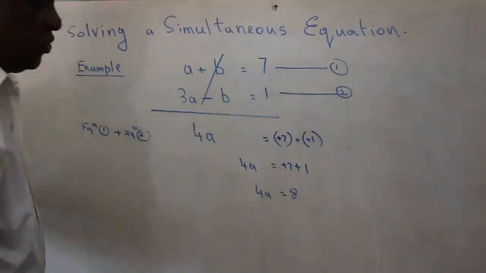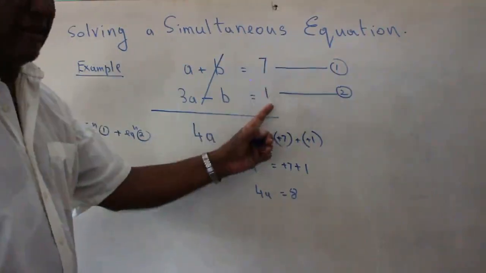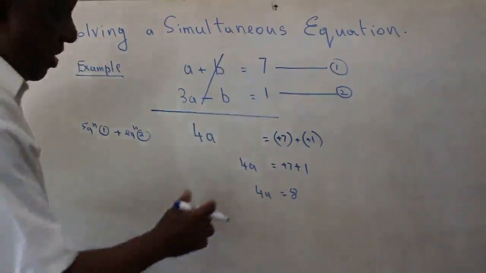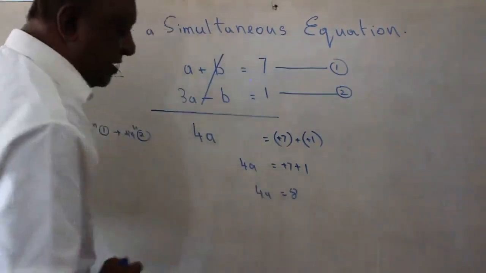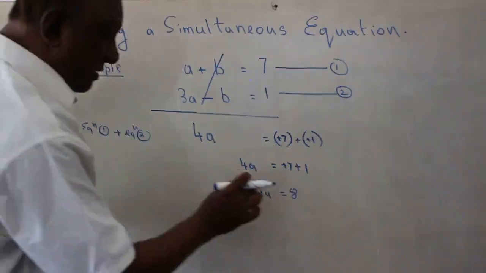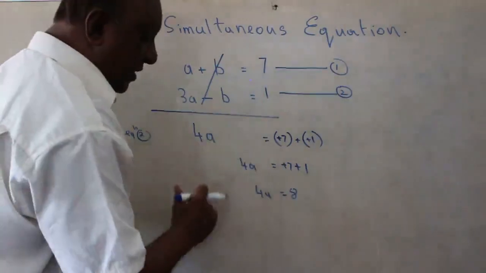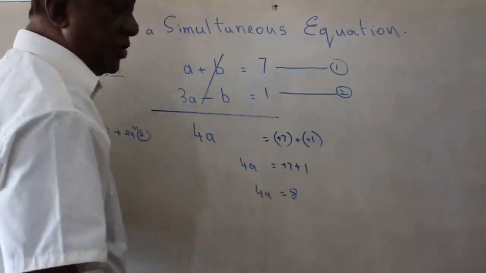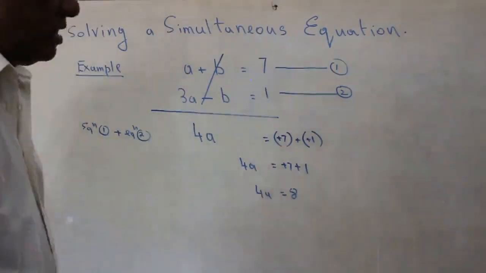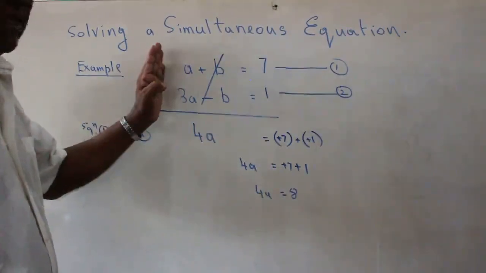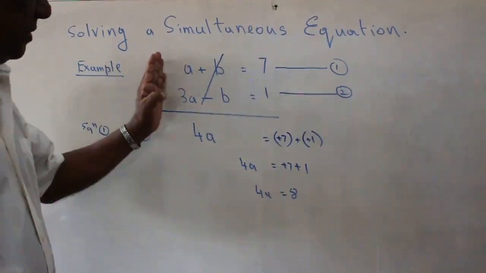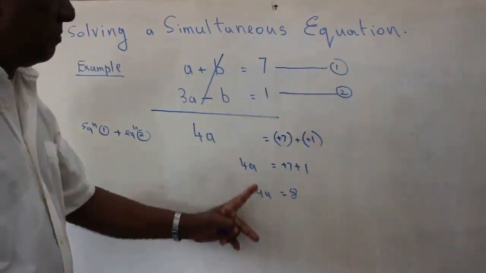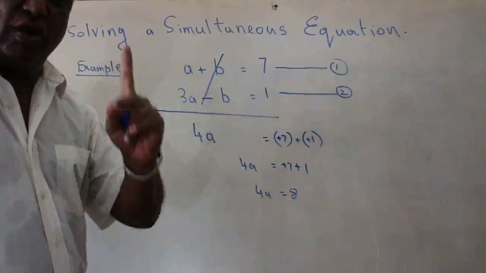You notice that even on the right hand side, you can combine without changing sign and then get the answer. Now 4a equals 8 means there is a relationship, a left hand side and a right hand side connected by an equal sign. This is called a simple equation. What we have done is convert this simultaneous equation, by eliminating b, into a simple equation having only one unknown.